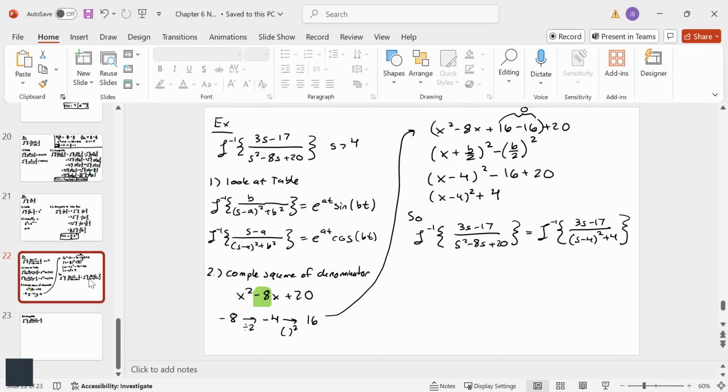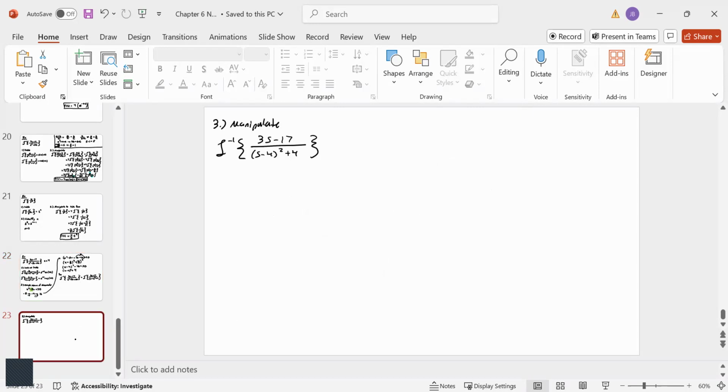So we want to manipulate this, and we know a is equal to 4, and b squared is equal to 4, which implies that b is equal to 2, by looking at it, which means the cosine needs an s minus 4 on the numerator. So I have to figure out a way to accomplish that.